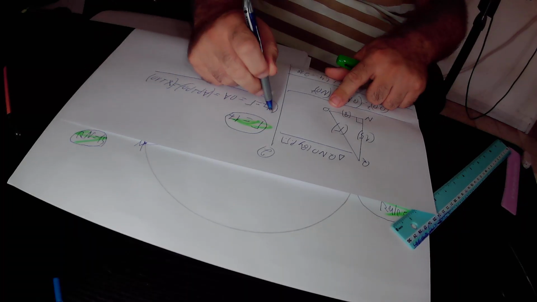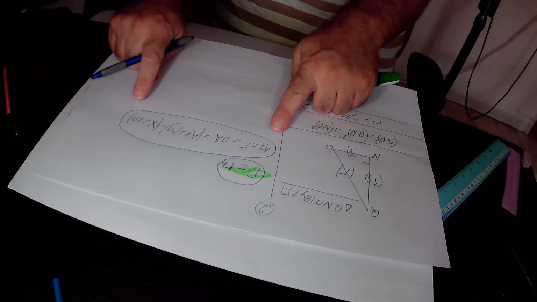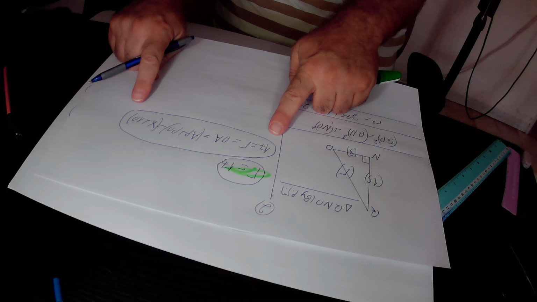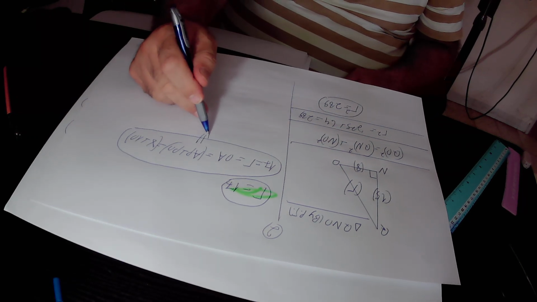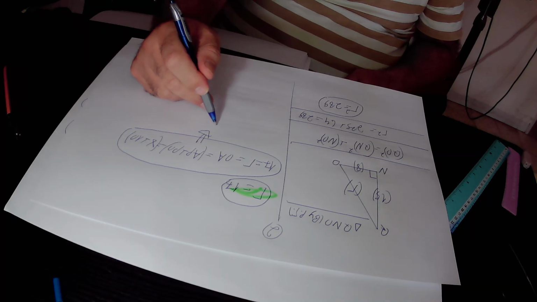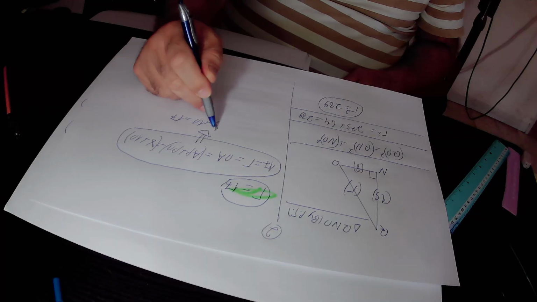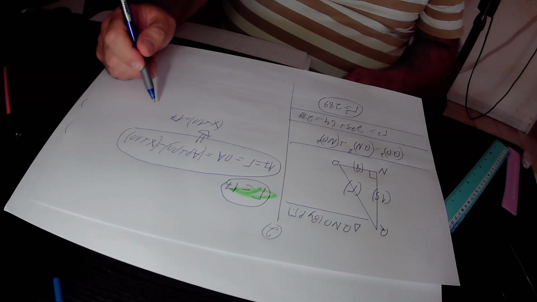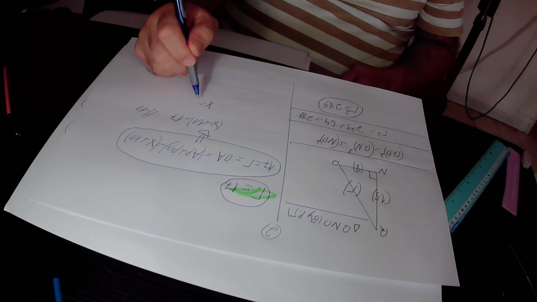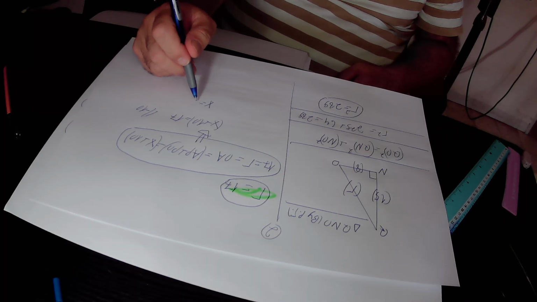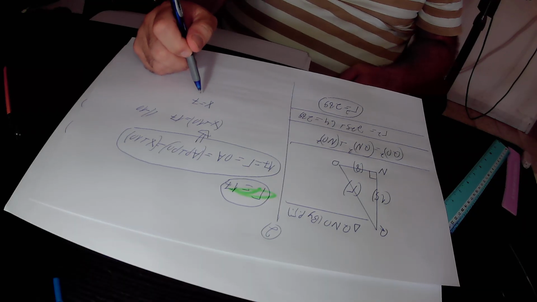And from this equation, we derive that X plus 10 equals 17. Here we subtract 10 and find that X equals 17 minus 10, that is 7.